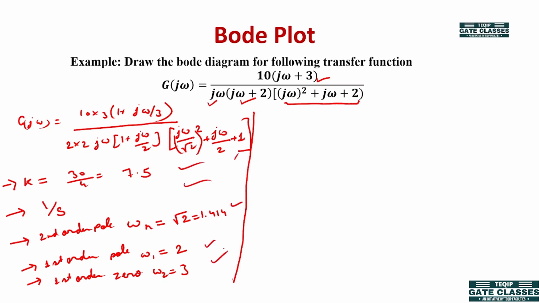We have these 5 terms: 3 cutoff frequencies 1.414, 2 and 3, and 1 pole at origin.